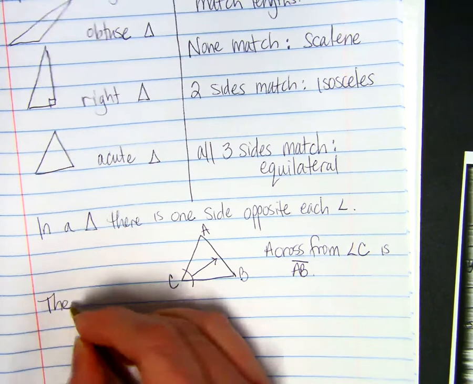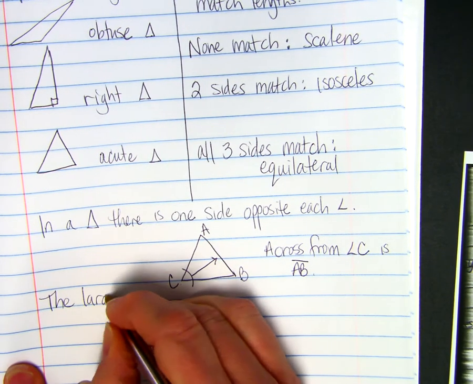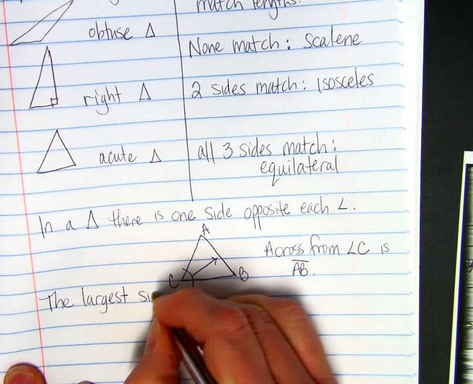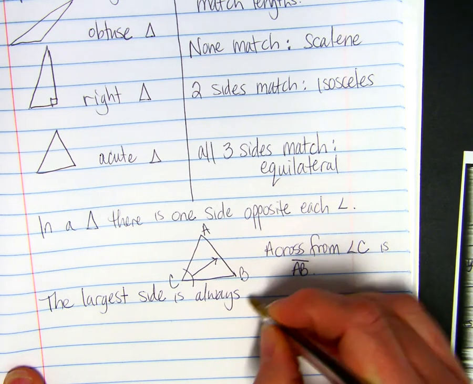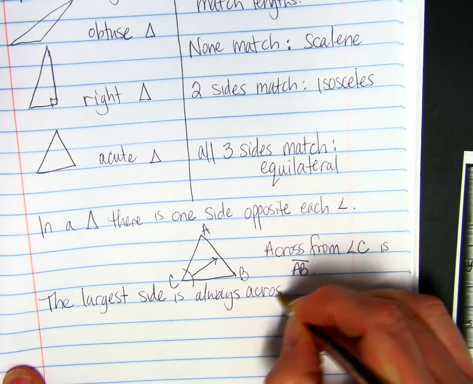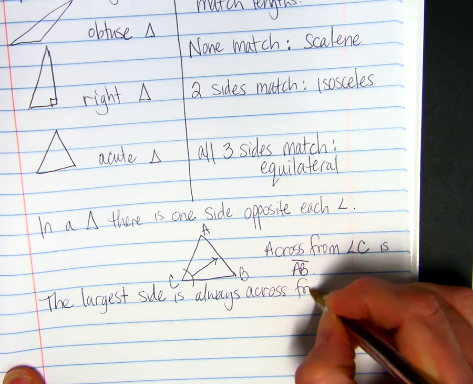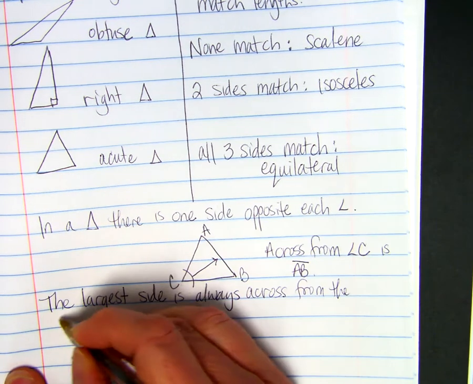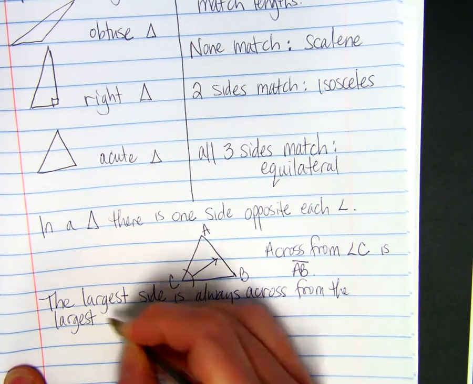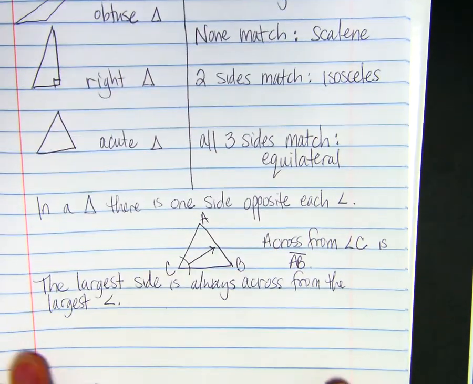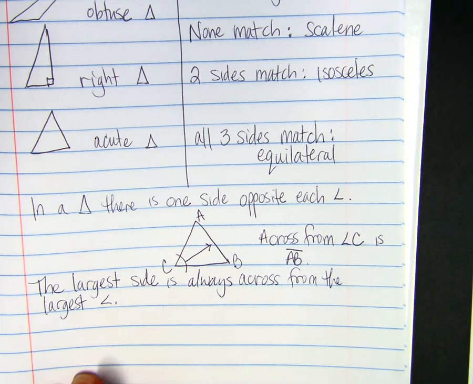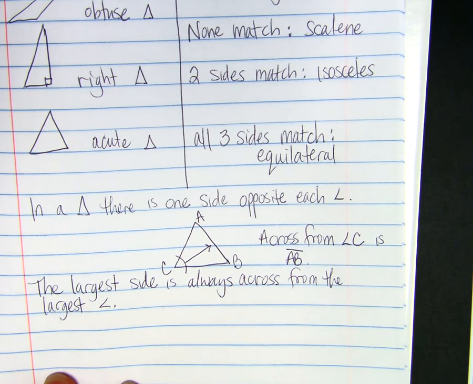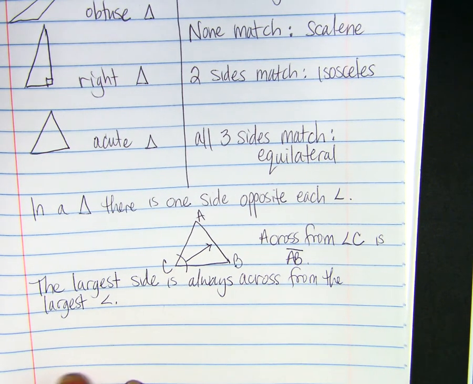The largest side is always across from the largest angle. So if you imagine when you are making an angle with your hands, the bigger the angle, the longer that length between your fingertips.